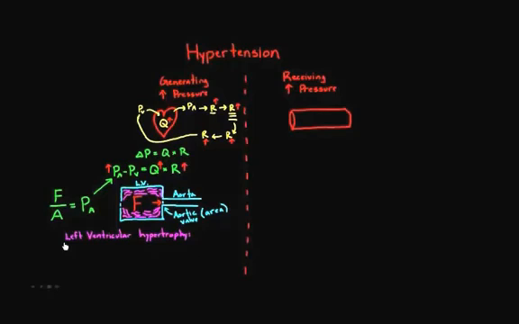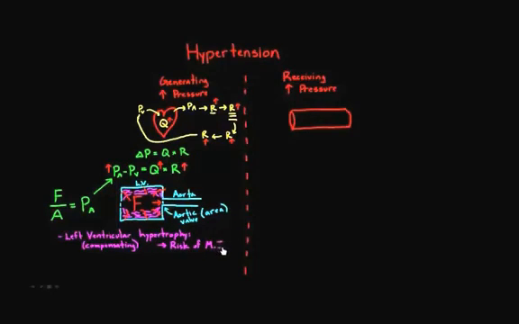And so what happens is that you have areas where blood is basically able to get to those areas, and other areas where blood is not able to get there, and where the blood is unable to get enough oxygen to that heart muscle, you could have a heart attack or a myocardial infarction. So left ventricular hypertrophy is a way of compensating for needing more force. But it comes with a little bit of a risk, because now you might have a risk of an MI, or myocardial infarction.